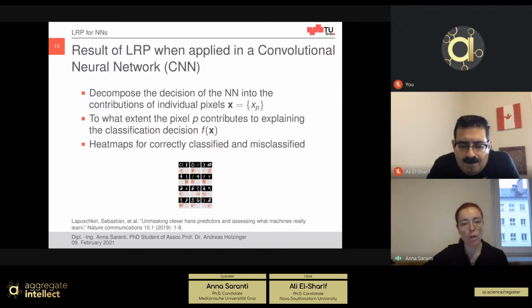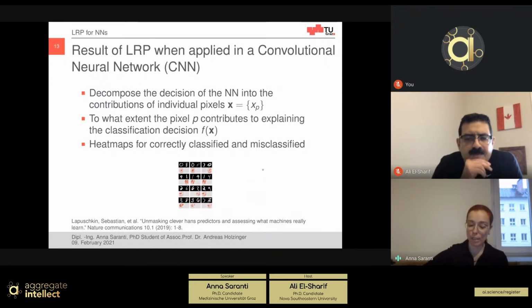But nevertheless, for correctly classified examples, what we expect to see in the heat maps for a well-trained and correctly working network, according to our preconceived notions, is what differentiates, what discriminates input samples from each other.